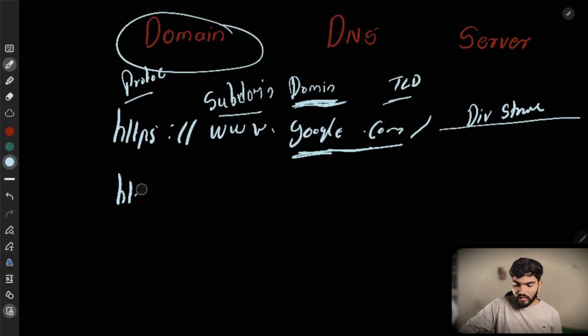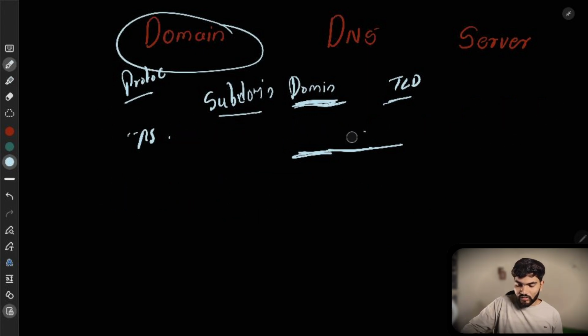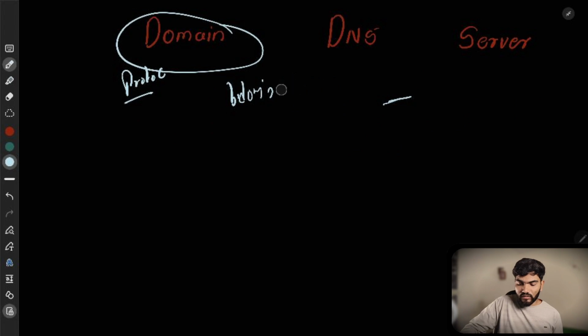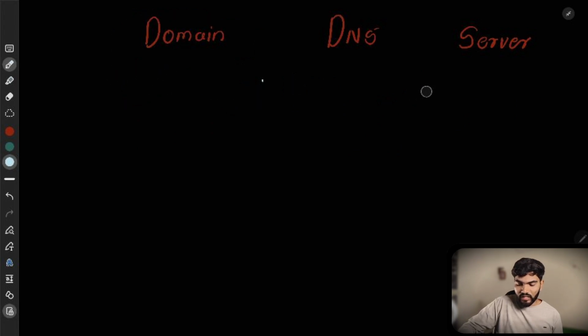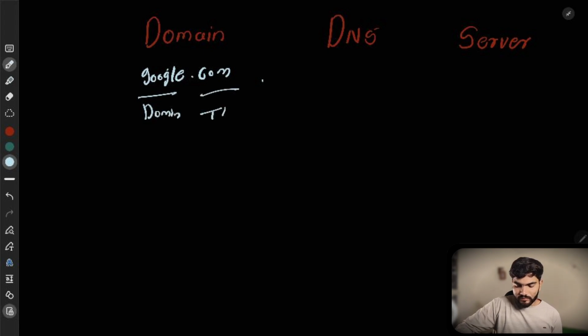Okay, the DNS topic. So in the DNS also we are going to use something about the domain name. So for that I'll just give the domain name with an example, let's say google.com. Okay, that's what we are going to use as an example. So this is our domain and this is our TLD.